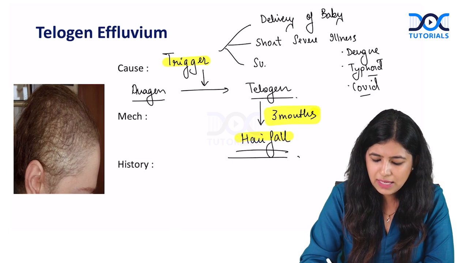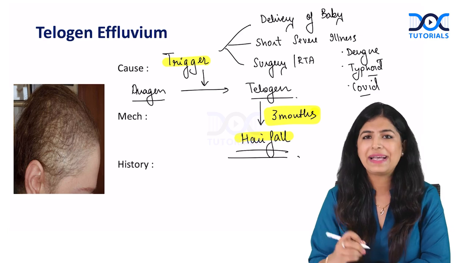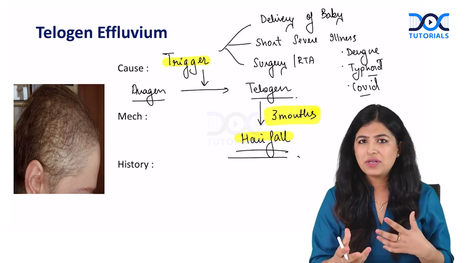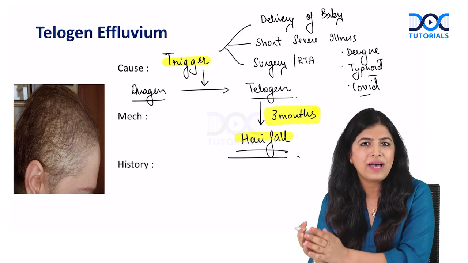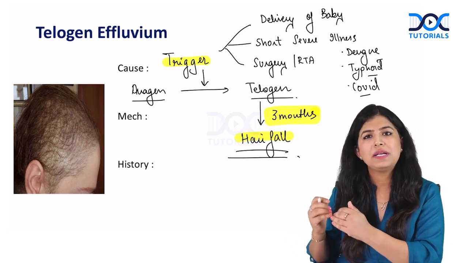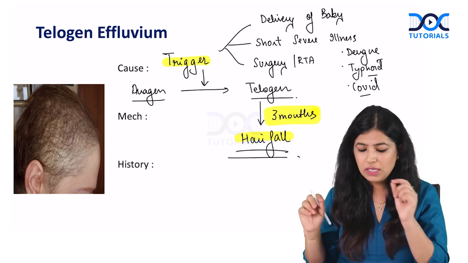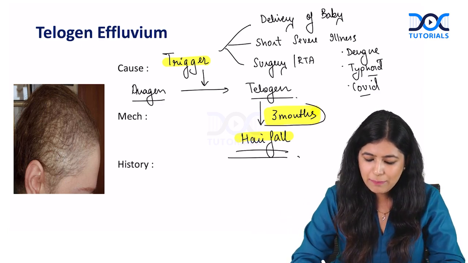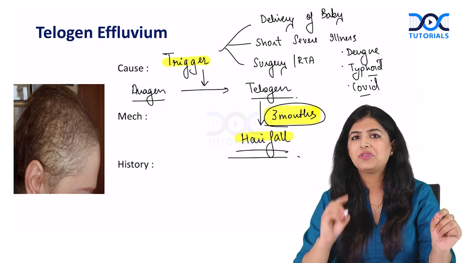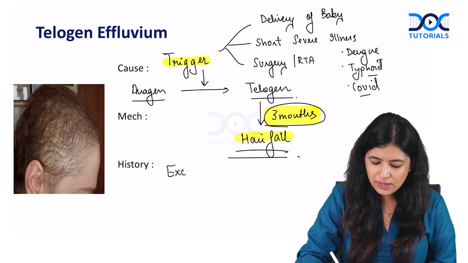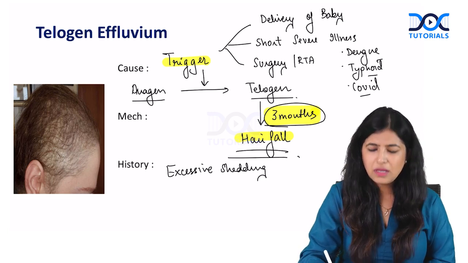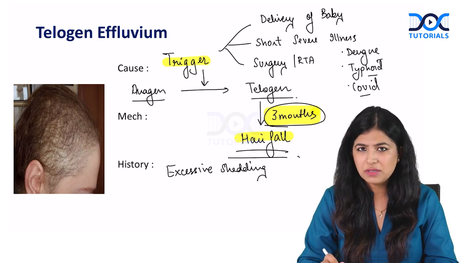Thirdly, the patient may have undergone a surgical procedure or a road traffic accident. So these are different forms of stressors which act on the hair and cause a premature conversion of anagen to telogen phase, which will lay dormant for 3 months and then shed off. The most important point is the gap of 3 months between the trigger and the starting of the hair fall. Here also the patient will give a history of excessive shedding, but normally telogen is about 10% of the hair.